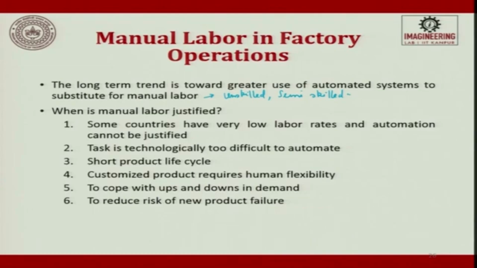When is manual labor justified? In some countries where the labor rates are too low, we go for manual. Where the task or technology is too difficult, we go for manual.